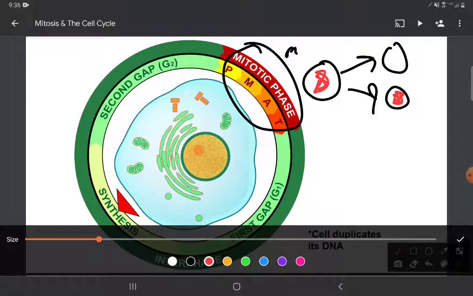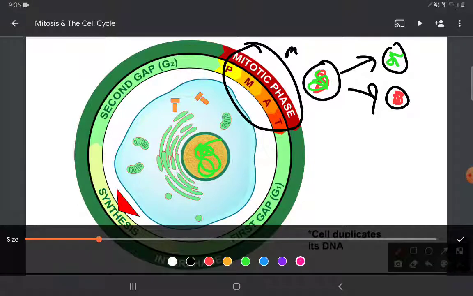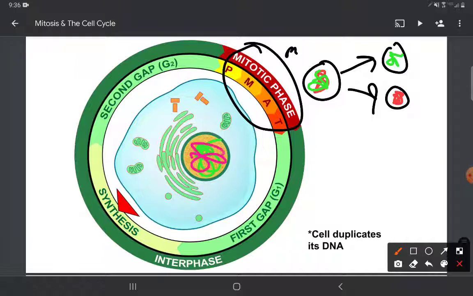To overcome that problem, the cell creates a new set so that both new cells can have DNA. And so old DNA is duplicated into new DNA.